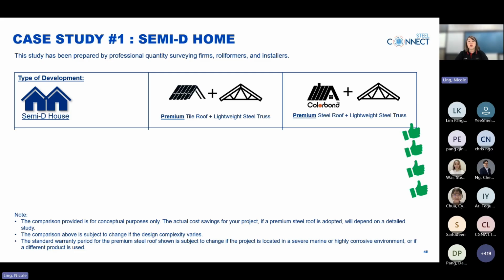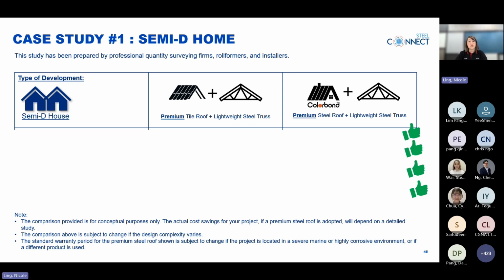In terms of installation time, a semi-D with tile roofing takes about 2 days for truss installation and another 2 days for roof installation. In comparison, premium steel roofing requires around 1.5 days for truss installation and just 1 day for roofing.